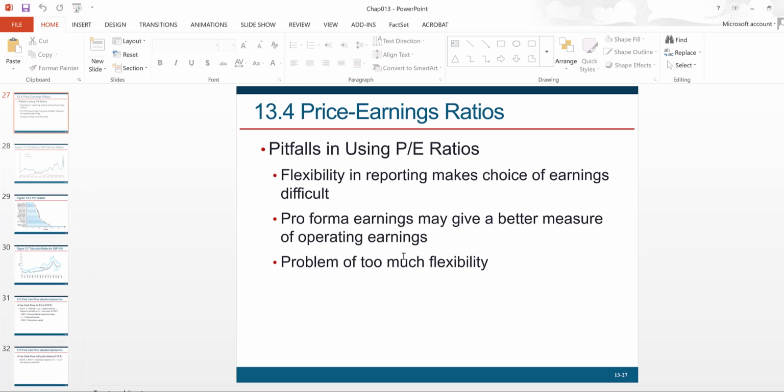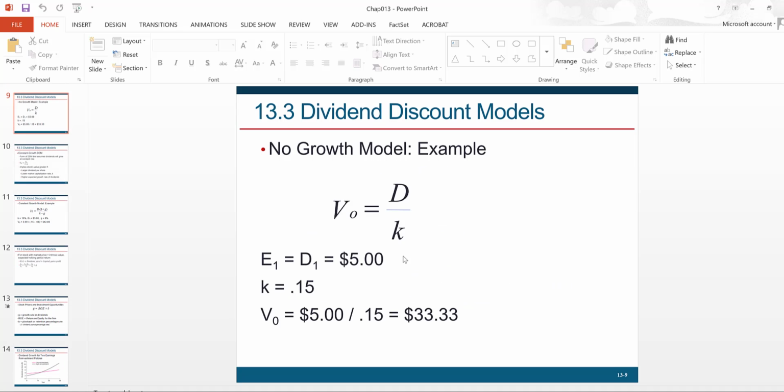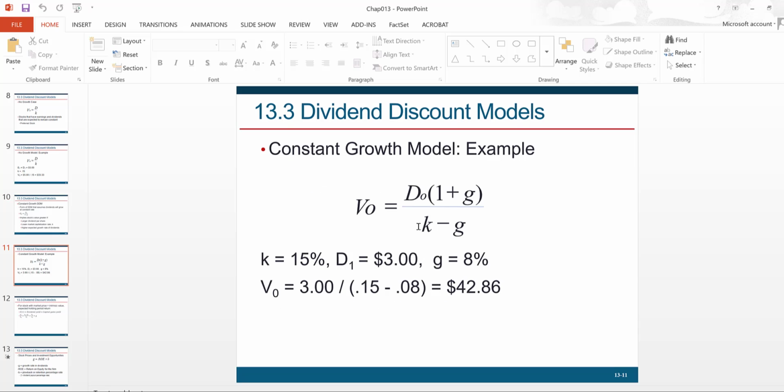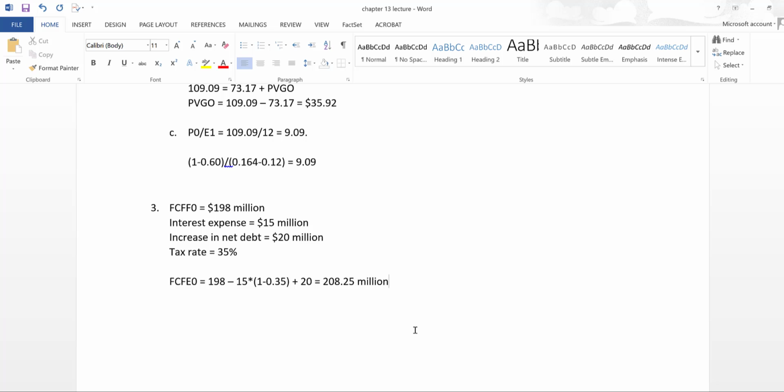When dividends grow at a constant rate forever, our valuation equation is D1 over K minus G. The only thing different here is that instead of D1, we have FCFE1, so FCFE1 over K minus G, or FCFE 0 times 1 plus G over K minus G. Instead of dividends, we have the free cash flow to the equity holder.